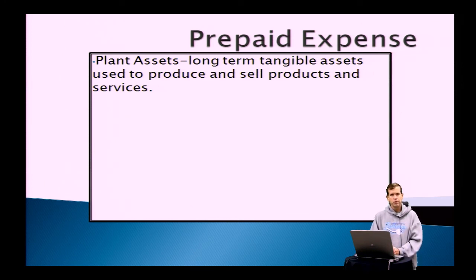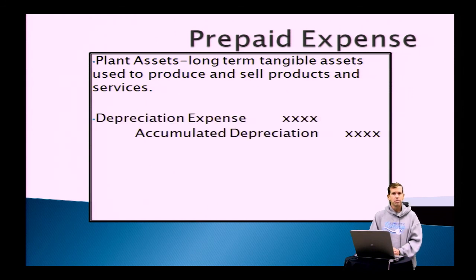What we do here is we do something called depreciation expense. Depreciation expense is where we're recording the using up of the usefulness of this plant asset. And we're going to spend a whole chapter later on plant assets. So we're going to save some of that for a later chapter. But the adjusting entry to record this depreciation expense is very simple. You just simply debit depreciation expense and credit accumulated depreciation.